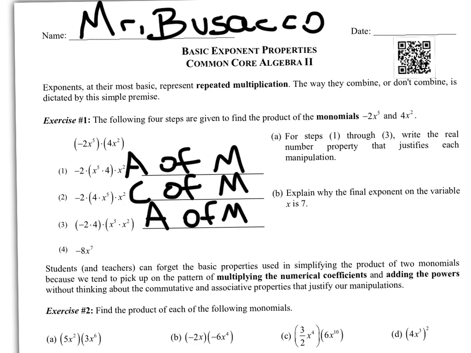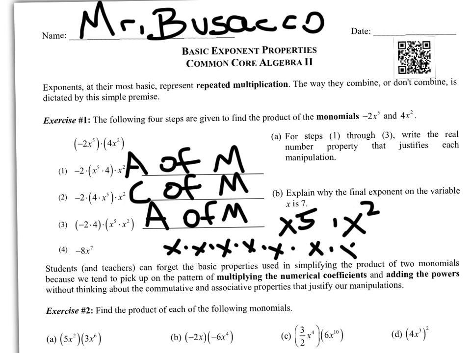Now negative 2 times 4 is negative 8, and x to the 5th times x squared is x to the 7th. Over here, we see the question, explain why the final exponent on the variable is 7. It is 7 because, just as we said earlier, exponents are repeated multiplication. So x to the 5th times x squared is really x being multiplied by itself 5 times, that's the x to the 5th, and x being multiplied by itself 2 times, that's x squared.